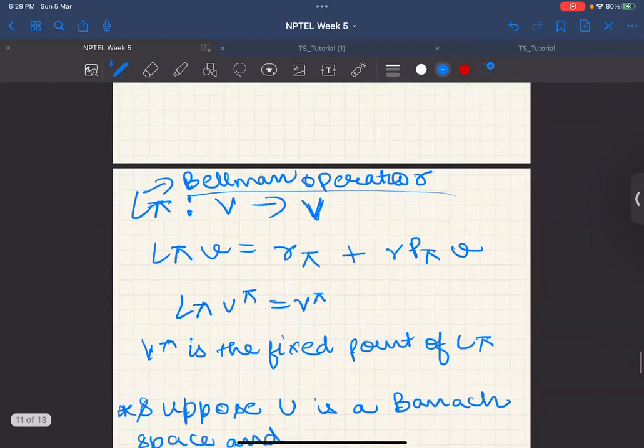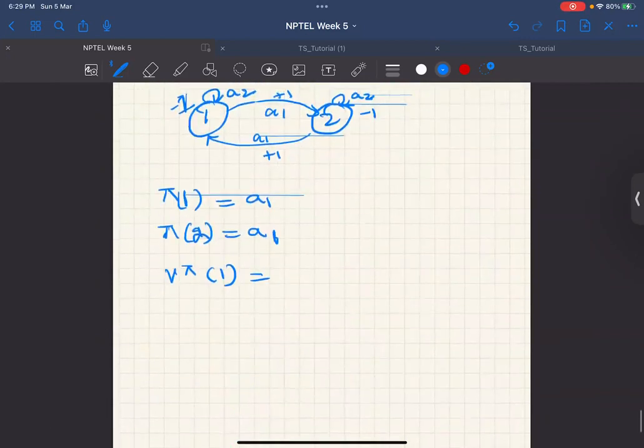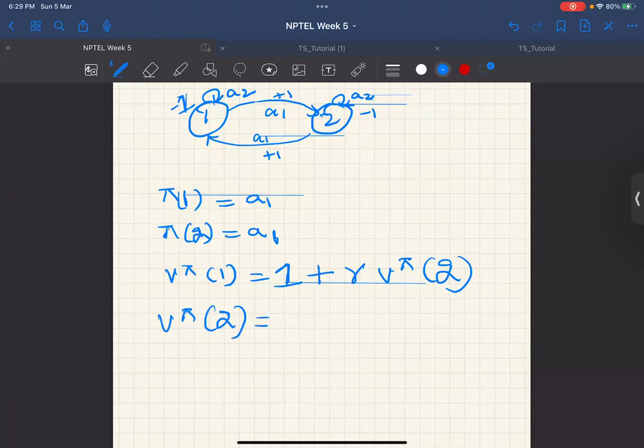So here I'm saying that if I'm performing action 1, I have the reward 1 plus gamma into V pi, landing in 2. If I'm in 2, I'm talking about action 1, landing in 1. You got this?